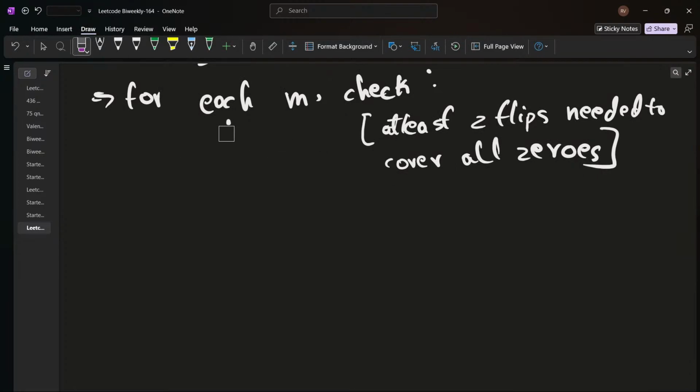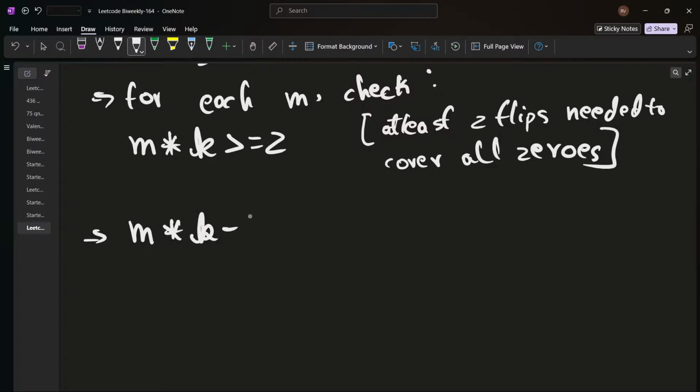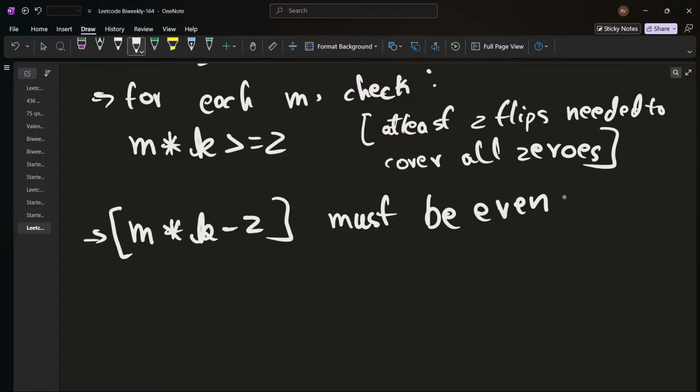I'll write it neatly again. m into k greater than or equal to z. Now the next step: m into k minus z must be even. This is to cancel extra flips.